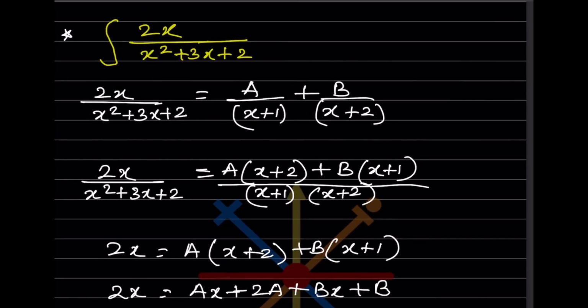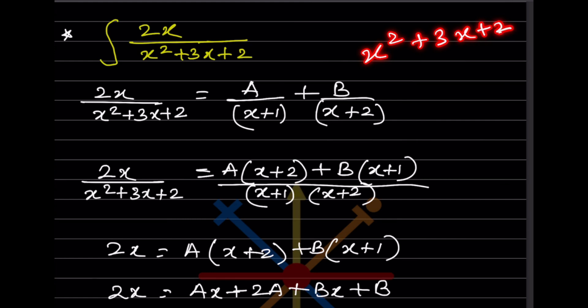Now let us see the next one, that is 2. Whenever it is of this type, 2x divided by x square plus 3x plus 2, this is a quadratic equation. So you know the quadratic equation, whenever there is a quadratic equation, x square plus 3x plus 2.